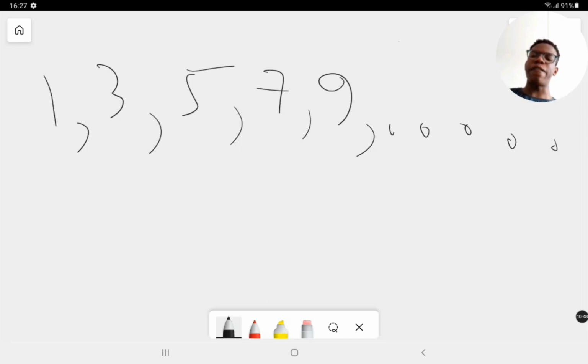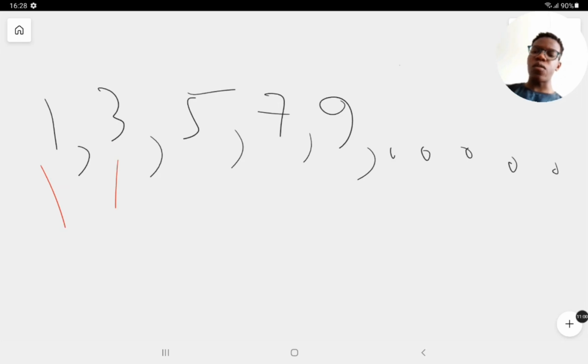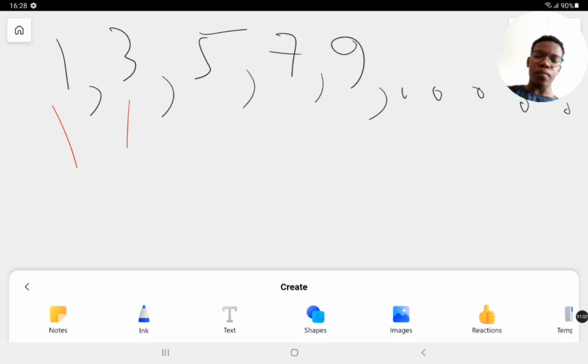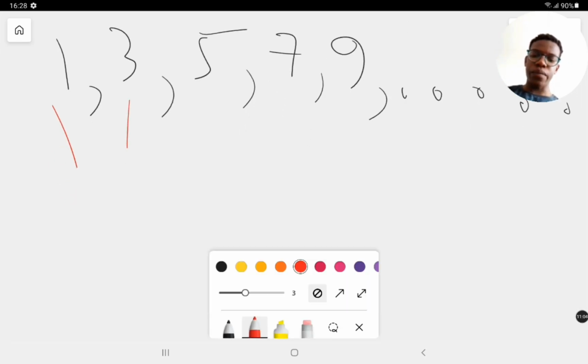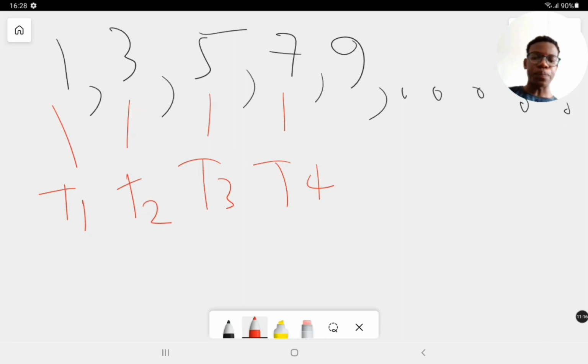Well, you would simply find the common difference. Remember, how do you find the common difference? Well, you look at any two successive terms that you've been given, and then you find the difference. So this is 3 minus 1, because T1 is 1 and T2 is 3. This is T3, this is T4, and so on and so forth.